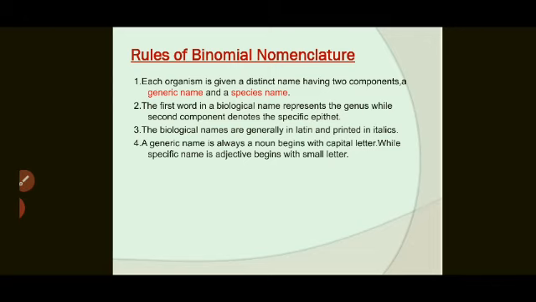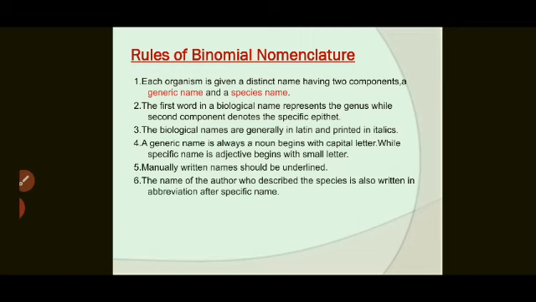So remember, generic name is always a noun, it will begin with a capital letter, while specific name is an adjective, begins with a small letter. Manually written names should be underlined. When we are writing the names manually, both genus and species name should be separately underlined.